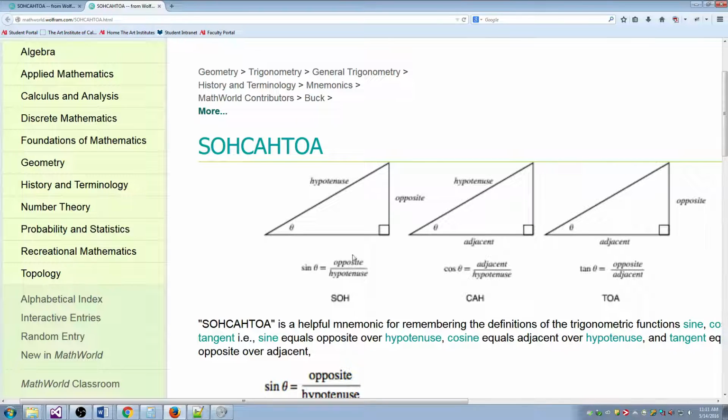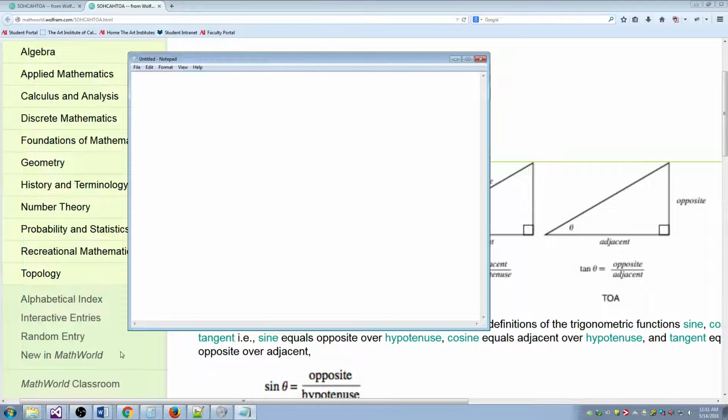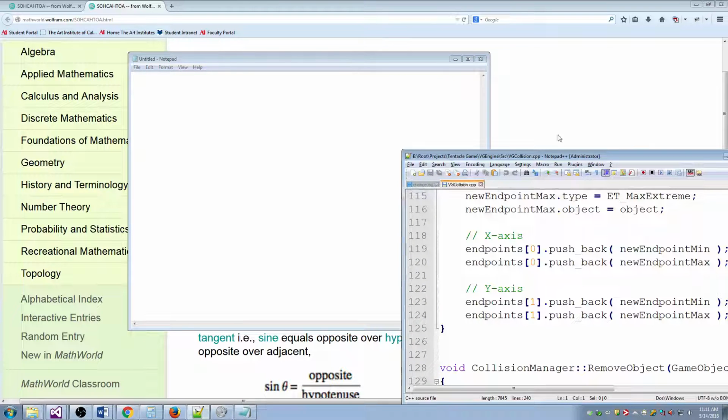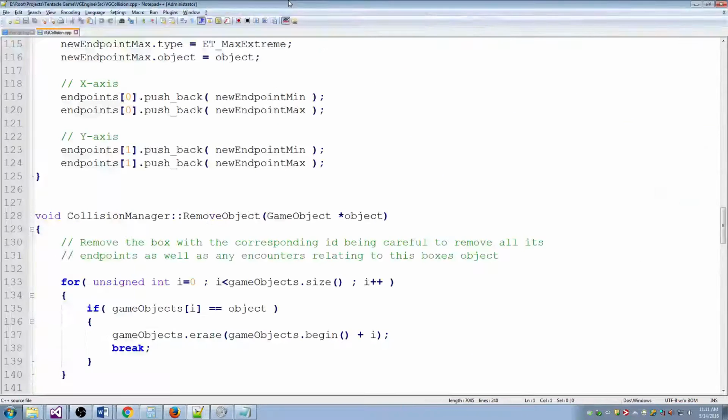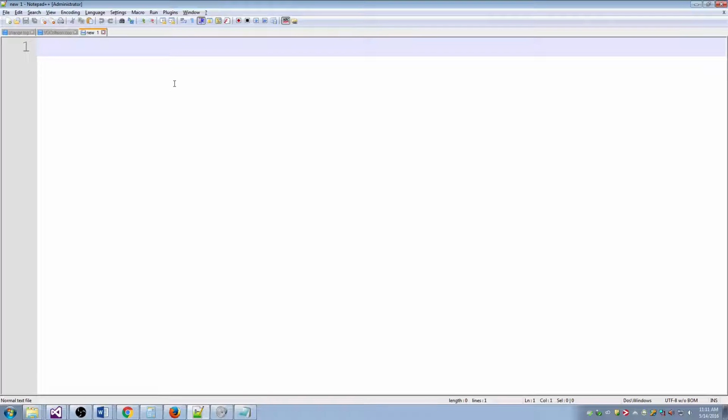So sine of an angle is equal to the opposite over hypotenuse. Well, what does that mean for us, though? If I just make a little document here, the sine of the angle is equal to the opposite divided by the hypotenuse, right? That's what we said it is. So what do we know so far?